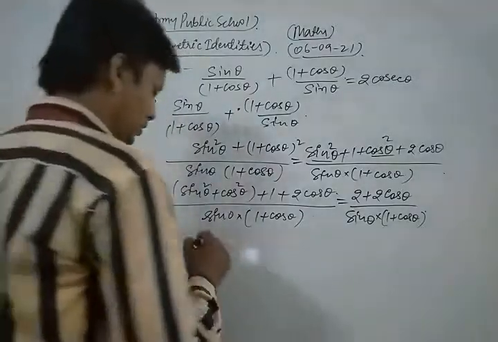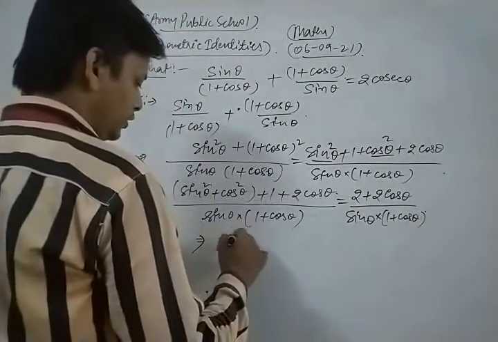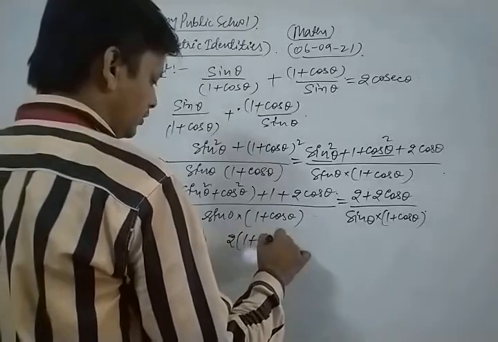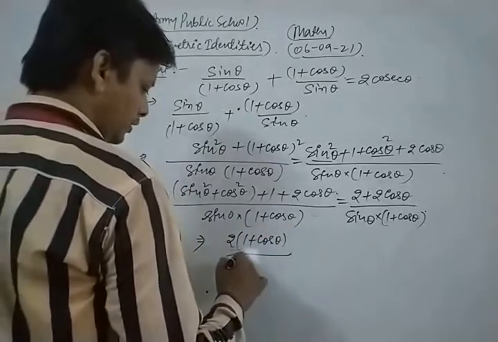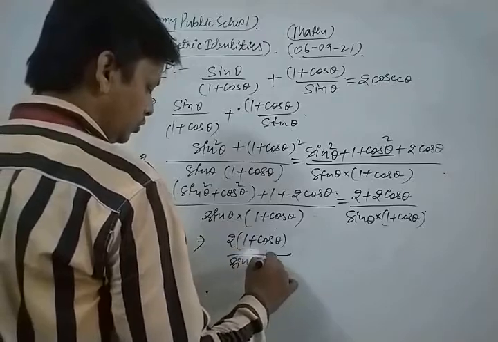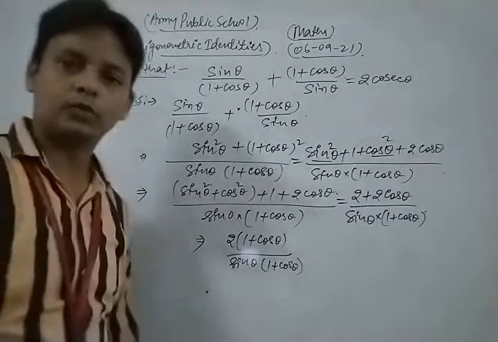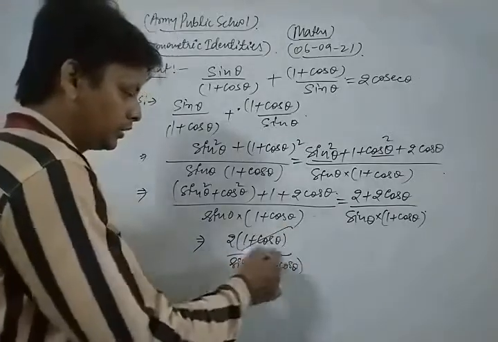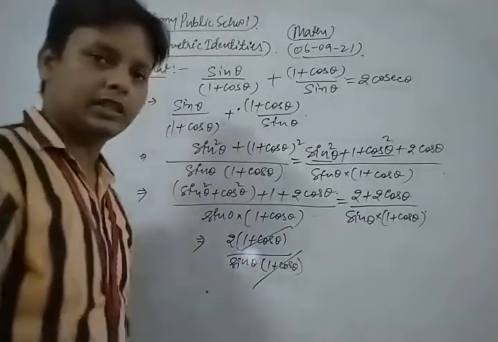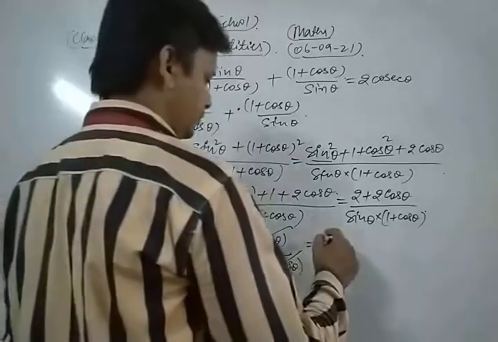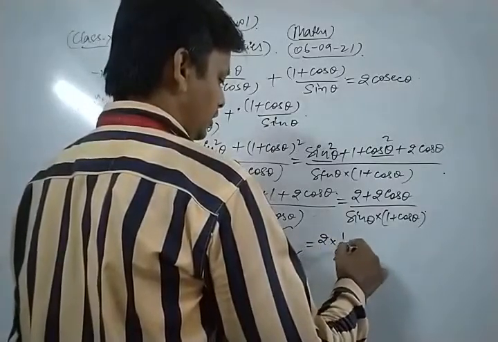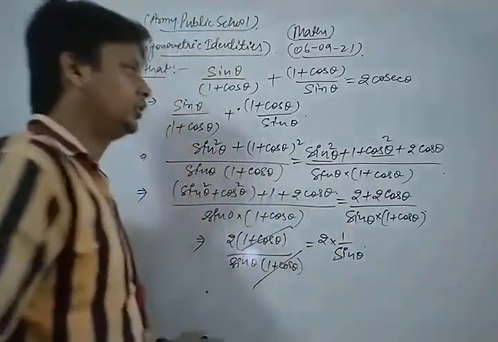We take 2 common from the numerator, so we get 1 plus cos theta upon sin theta into 1 plus cos theta, as it is. Now look, 1 plus cos theta and 1 plus cos theta cancel each other, so we get 2 into 1 upon sin theta.